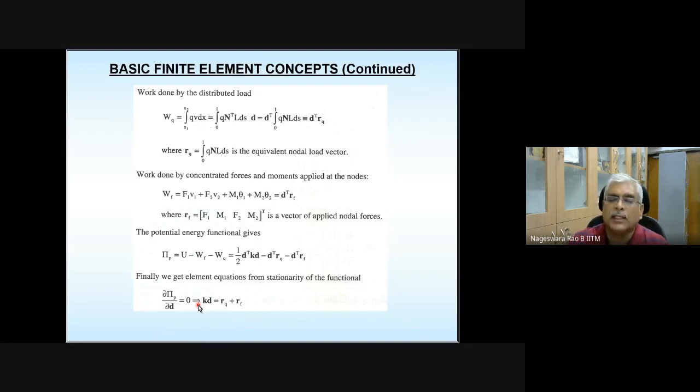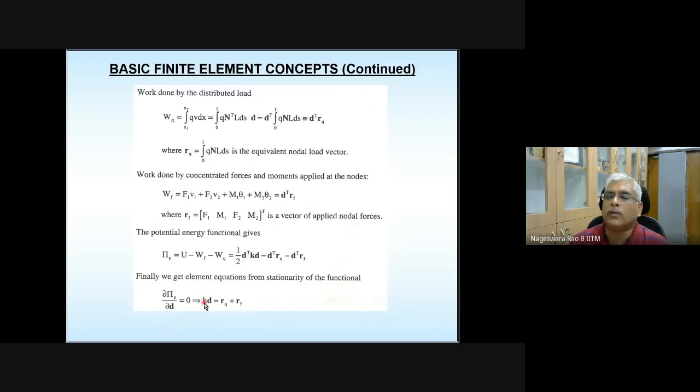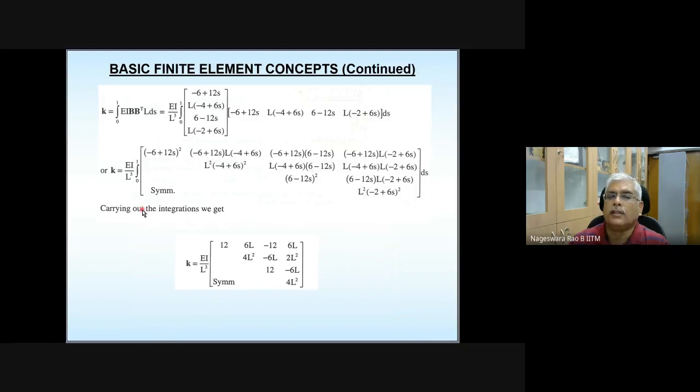At least please note that here EI is inside the integral. So assuming flexural rigidity is constant, let's find how K looks. This is how it looks. You do that multiplication and integration, and finally this is the stiffness matrix for the beam element.